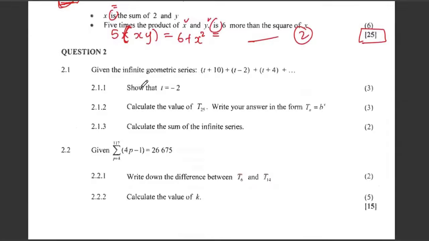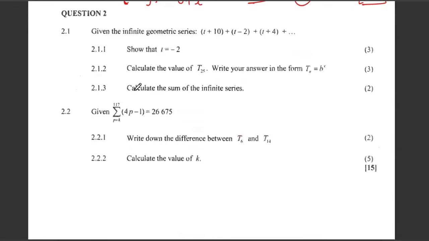Okay, let's harvest the next 15. Question 2. Given the infinite series, which is geometric, t plus 10, t minus 2, t plus 4, and so on and so forth, can we show that t is negative 2? Now, since it is geometric, we know that the common ratio, we're going to say ratio 1, and then ratio number 2.